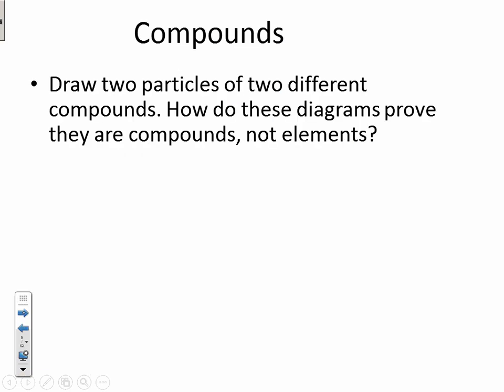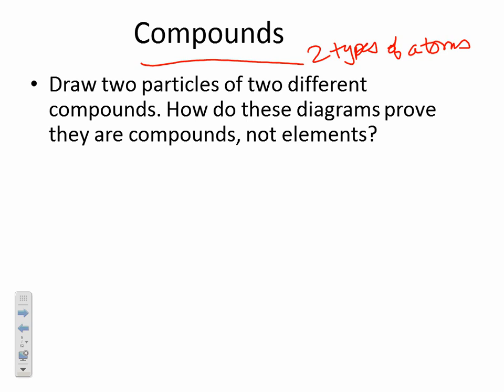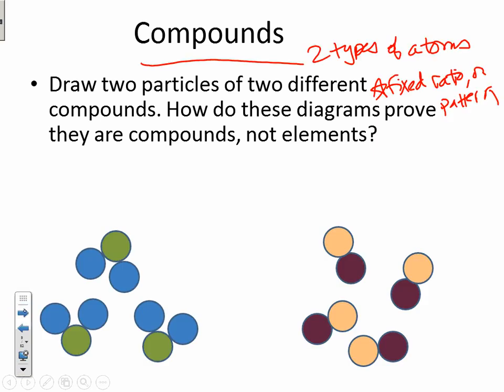If we're drawing a particle diagram of a compound, first of all, you have to have two types of atoms to draw a compound, but you have to have a fixed ratio or pattern, meaning all of your compounds have to look exactly the same. So for example, these would be two examples of compounds.